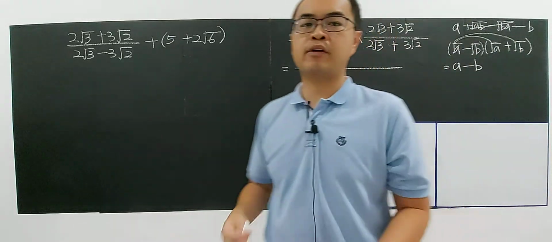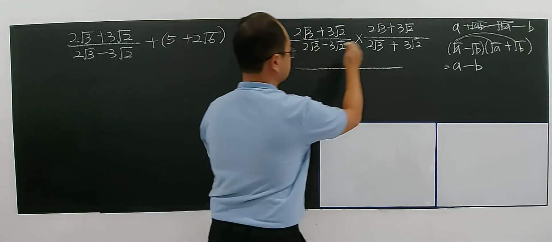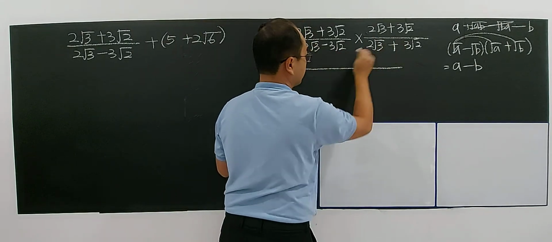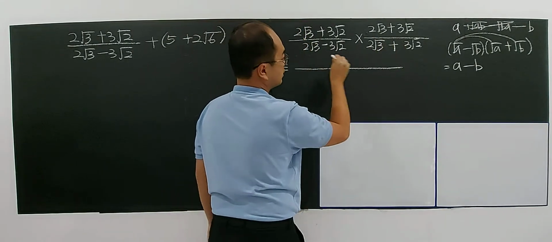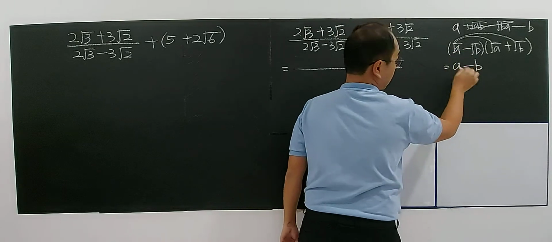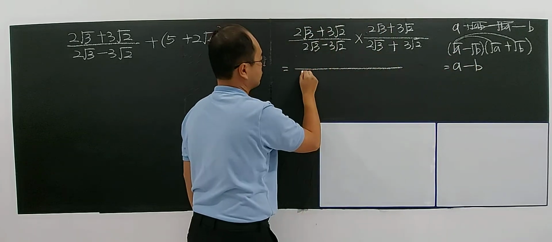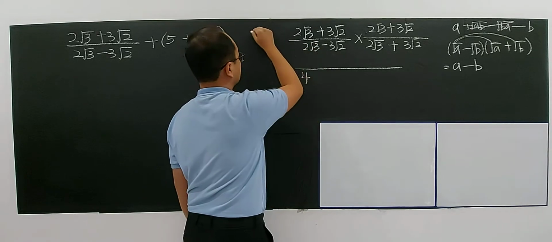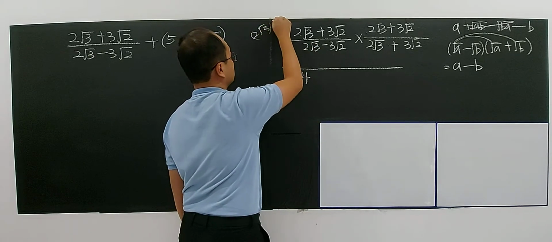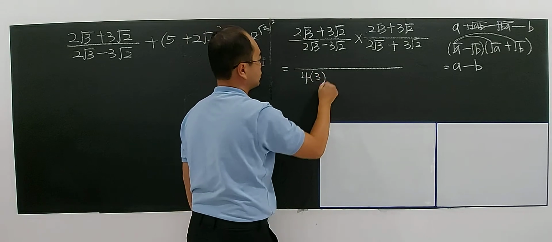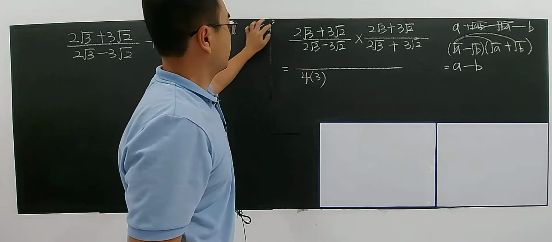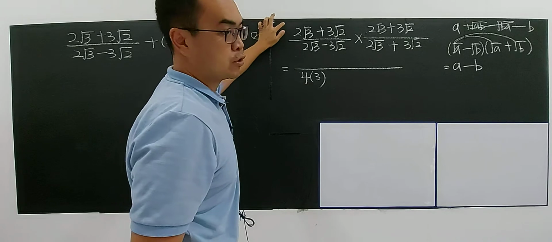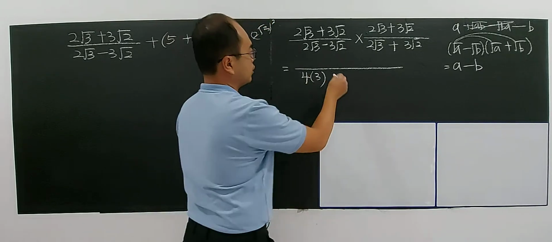Once you're already very expert, you know that these two are conjugate pairs. You just take the first term, square root of a, you square it, you get a. So you just take this and square it: 2 squared is 4, and square root of 3 squared is 3, so you have 4 times 3. Ignore the middle term.